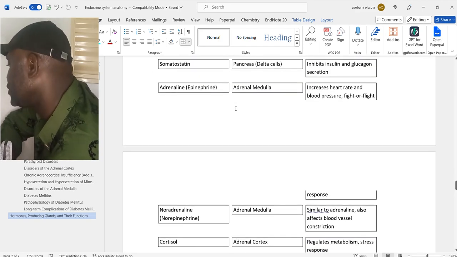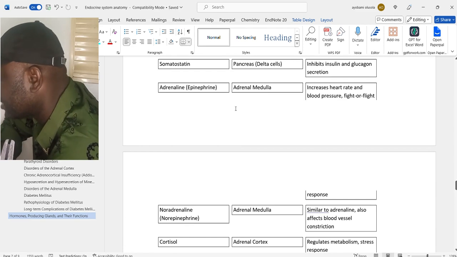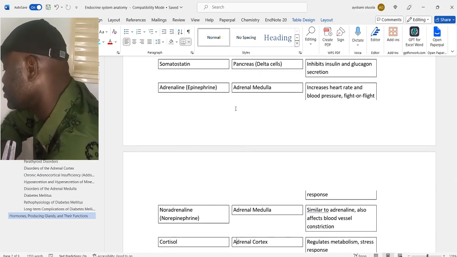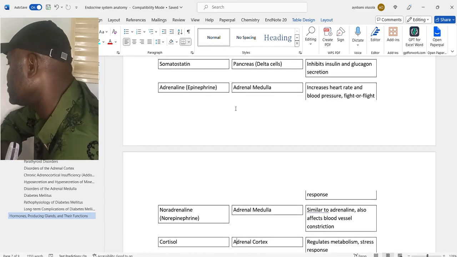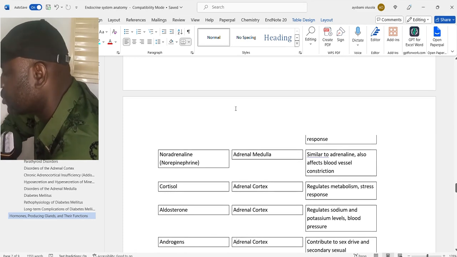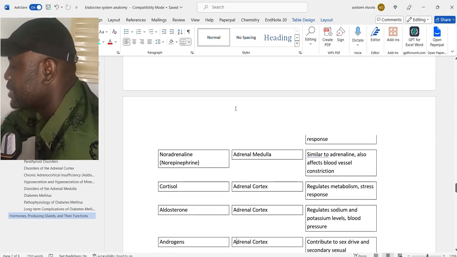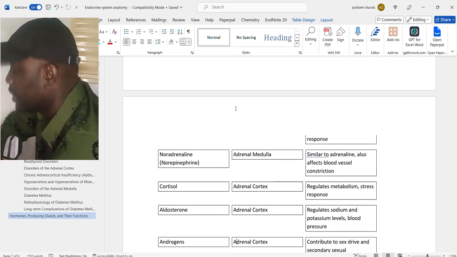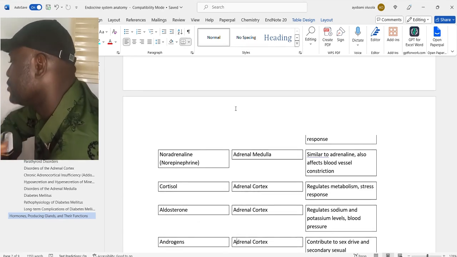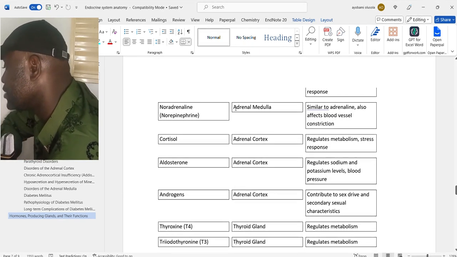Noradrenaline is produced by the adrenal medulla too, and it has a similar function to adrenaline, but it also causes blood vessel constriction. We have cortisol. It is a glucocorticoid produced by the adrenal cortex, and it regulates metabolism, and is also produced when you are stressed.